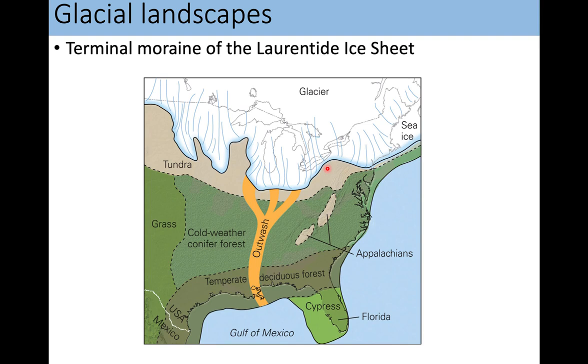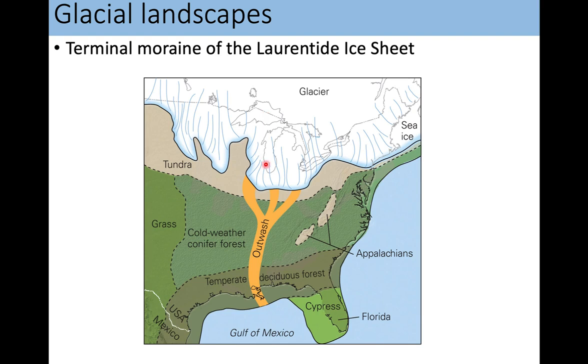Glaciers form very cool landscapes. As I mentioned, I think at the very beginning, the last peak of ice cover that we had on Earth was about 11,000 years ago, and we had the Laurentide ice sheet extending into the US. The Laurentide ice sheet actually created a lot of what we see today.